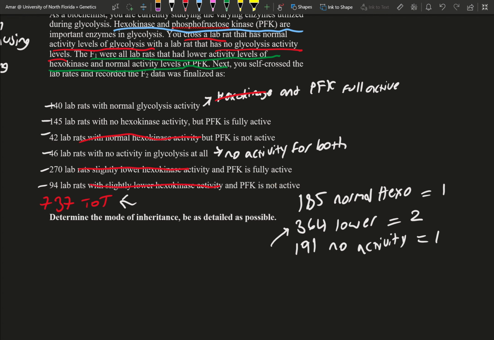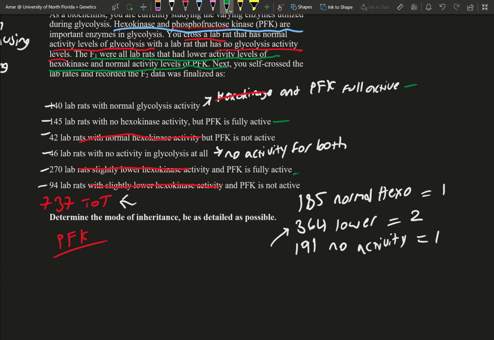But now we're going to take into account that with PFK, you either have activity or not. So PFK over here. The ones that have activity are these ones right here. This one has activity, this one, and then this one.